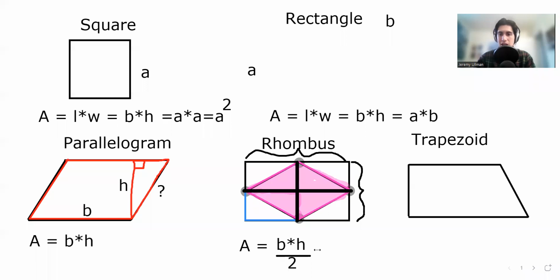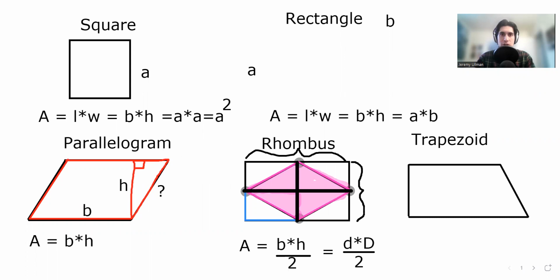So not only can we say that the area is base times height over 2, but we can also say that it's little diagonal times big diagonal over 2. So you get to choose which formula you want to use, and I leave that up to you. But you're going to get those same results, right? Base times height over 2, or little diagonal times big diagonal over 2. Cool.